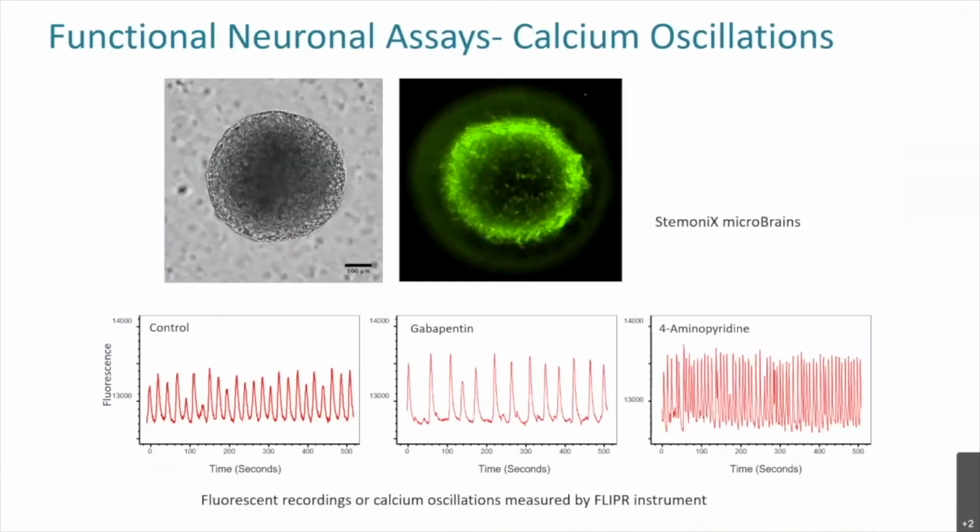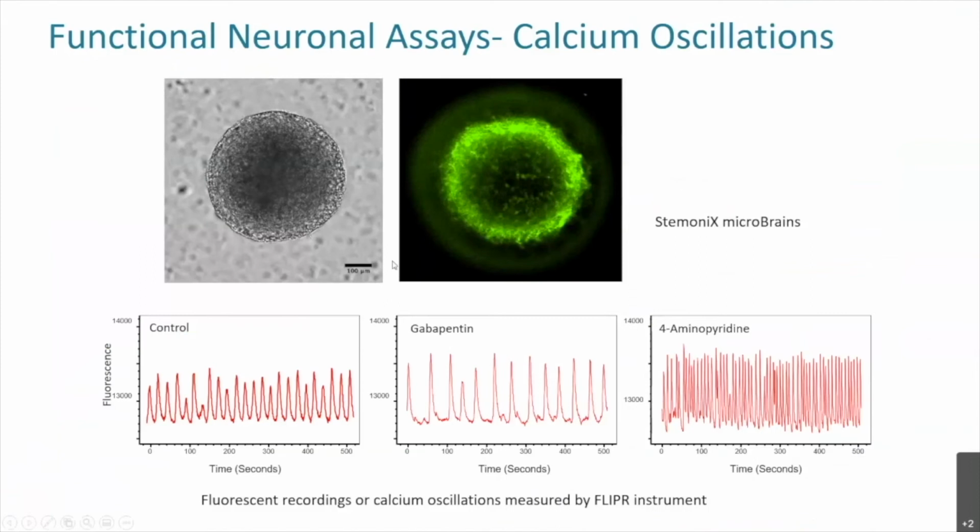So in another example, we use the Puma system to do functional assays like calcium oscillations. So we've used microbrain structures from Stemonix, and those are organoids made from induced pluripotent cells, and they contain 3 main neural cell types.